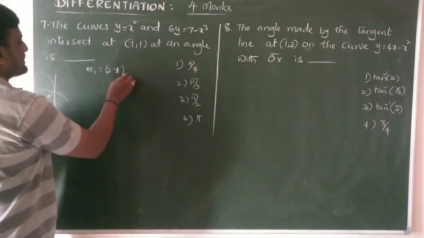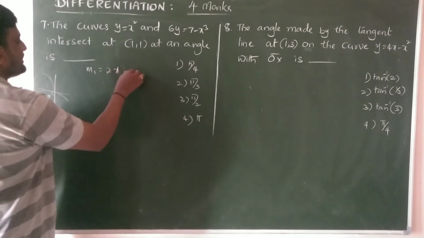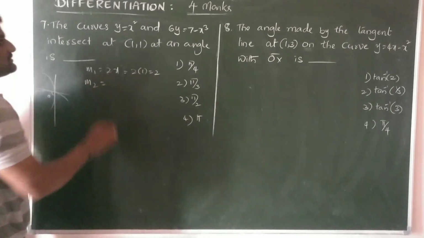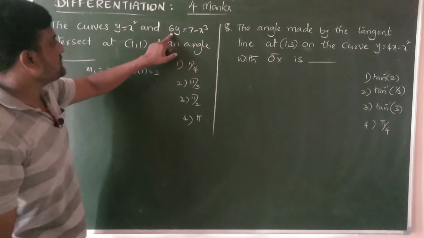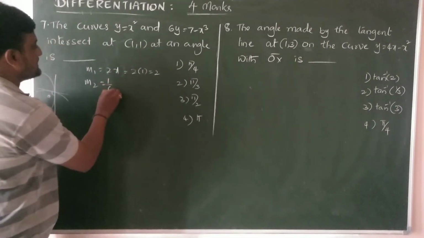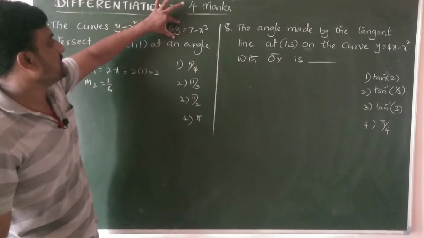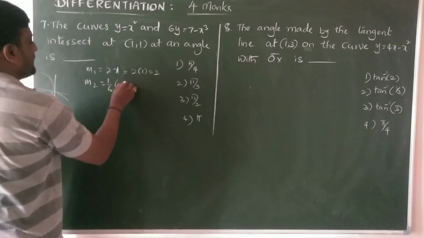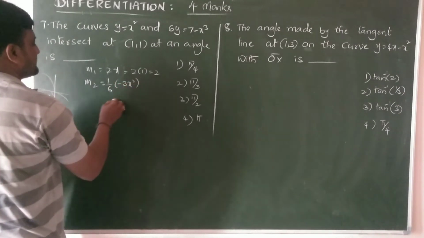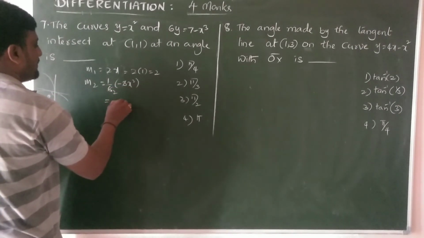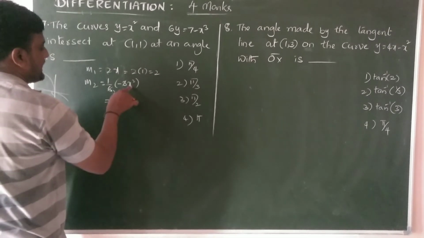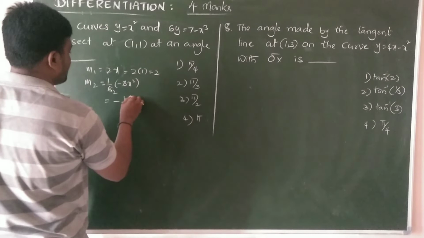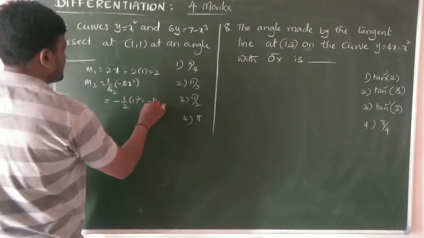At (1, 1), 2 into 1 is 2, so m1 is 2. Then m2: 6y equals 7 minus x cube, so we need dy by dx, which is 0 minus 3x square, so 6 dy by dx equals minus 3x square. That is minus 1 by 2 x square, and with x square equal to 1, m2 equals minus 1 by 2.